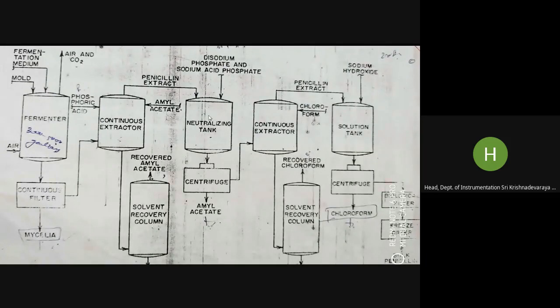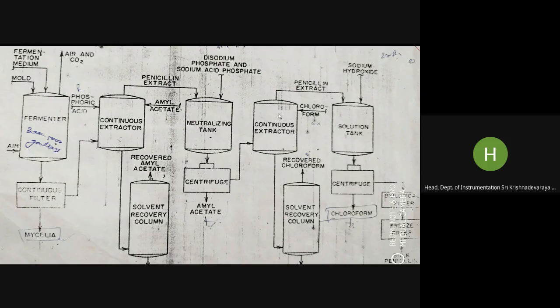Penicillin passes into the buffer solution, which is separated from the amyl acetate by supercentrifuging at a speed of 15,000 RPM, and the solvent is recovered and reused. And this again goes to a continuous extractor.